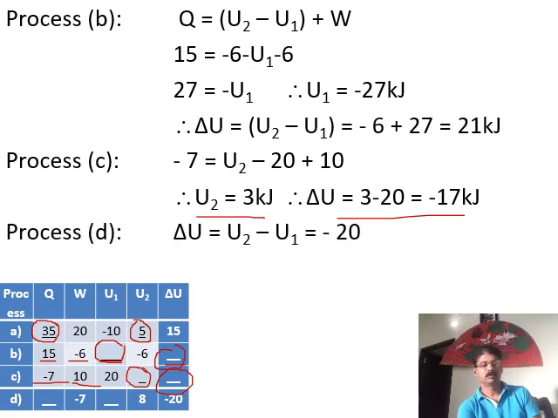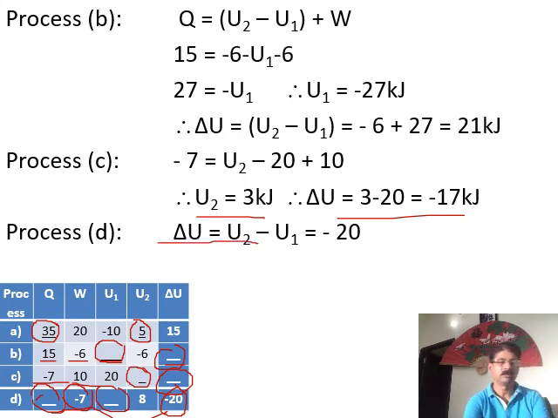Okay. Next process D. Now you can see here Q is not given, and W is given. So if you want to calculate Q, you should know the value of delta U. Delta U is given. So with these three, you can find out what is Q. Now to find out U1, you can use the formula delta U is equal to U2 minus U1.